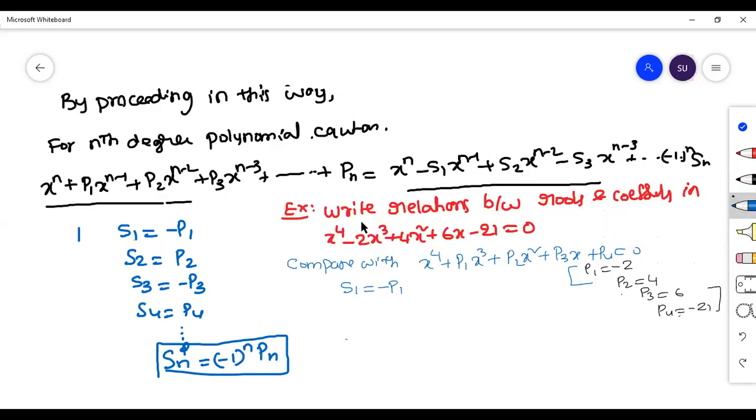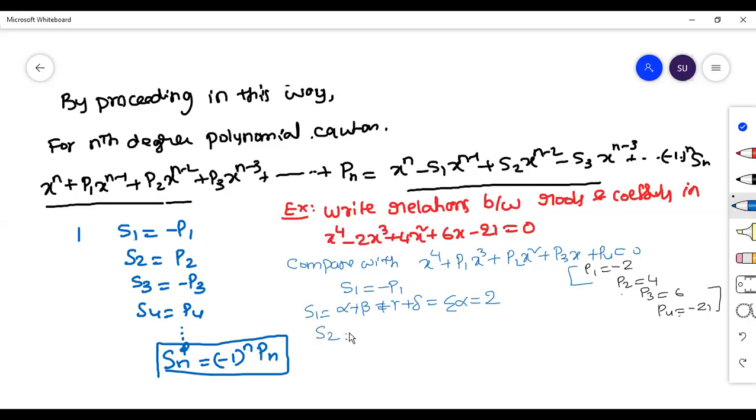So S1 is equal to minus P1. S1 means alpha plus beta plus gamma plus delta, four roots it will have. You may write it simply as sigma alpha, which is equal to minus P1, that is 2. Sum of the roots is equal to 2.